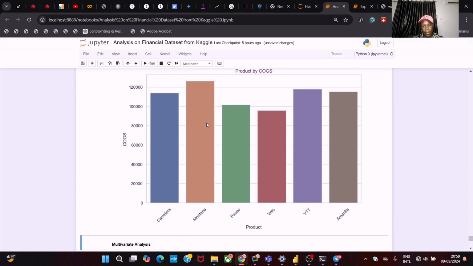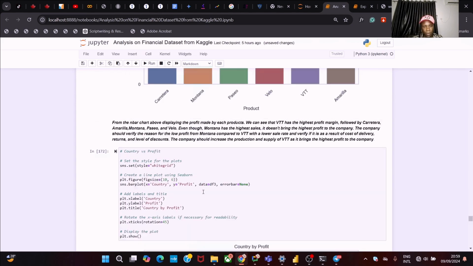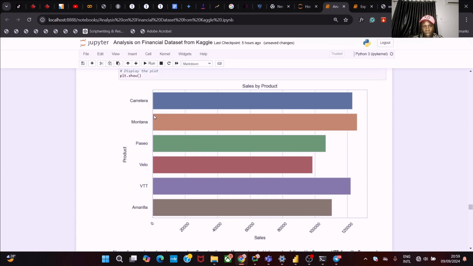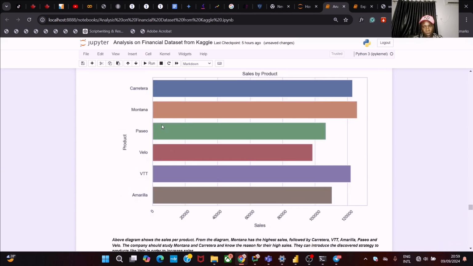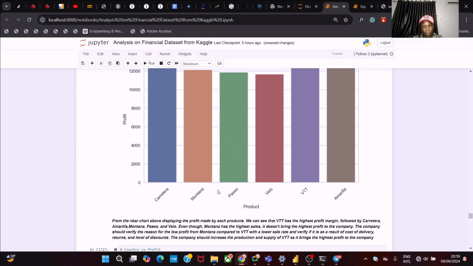Okay, as you can see here now, Montana has the highest cost of production. If you look at the sales by products, we can see that Montana has the highest sales, but it doesn't have the highest profit level.